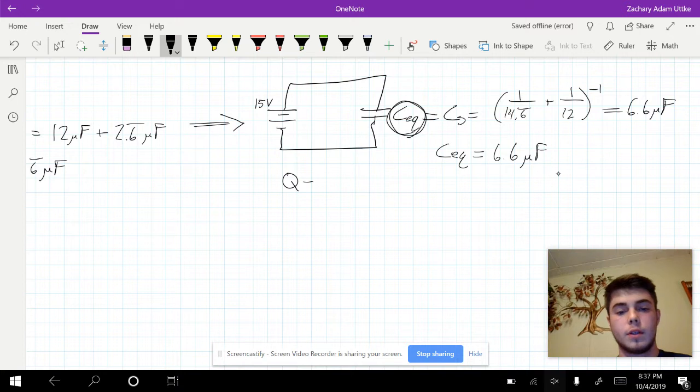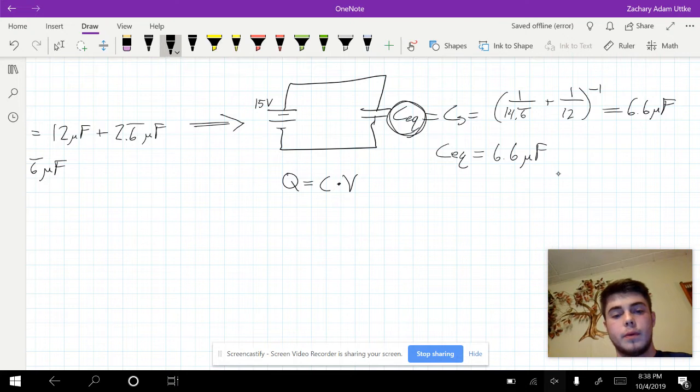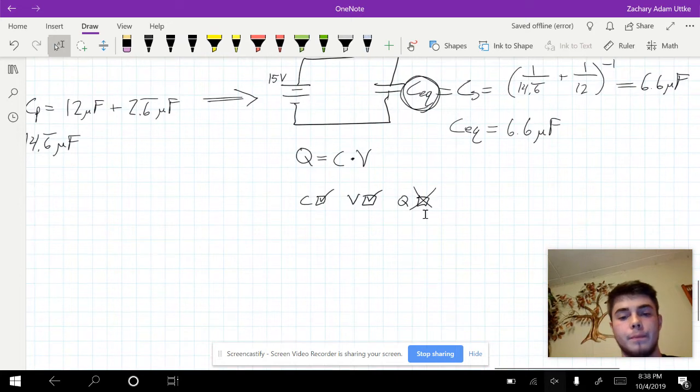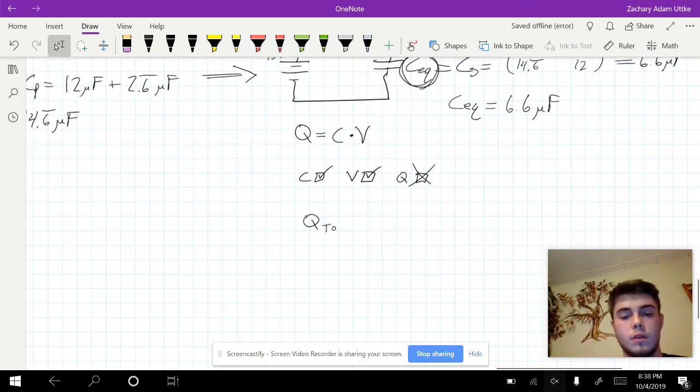So let's see what I mean by that. We have the equation Q charge equals C capacitance times V voltage. And at the circuit, we know the capacitance and we know the voltage, but we don't know Q. So we have to figure that out, and we can do it using this equation. What we're going to do with this circuit here is find the total charge, because we have the total voltage times the total capacitance.